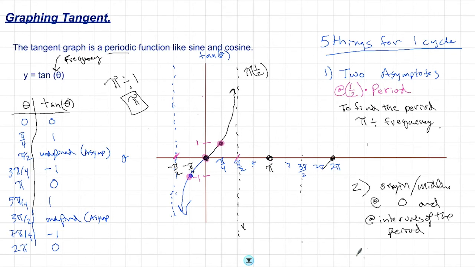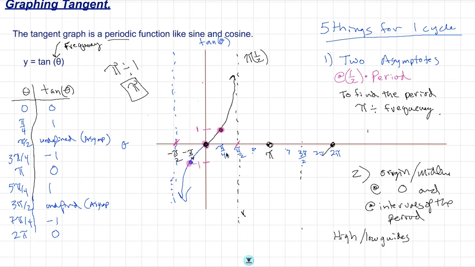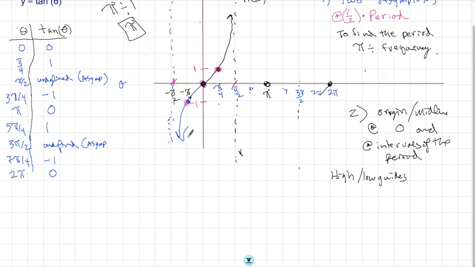Okay, another way to compute the other 2 points, so we're going to call these other 2 points our high and our low guides. To compute these high and low guides right here, down here, and here, what we're going to do, they occur at 1/2 multiplied by the asymptote.